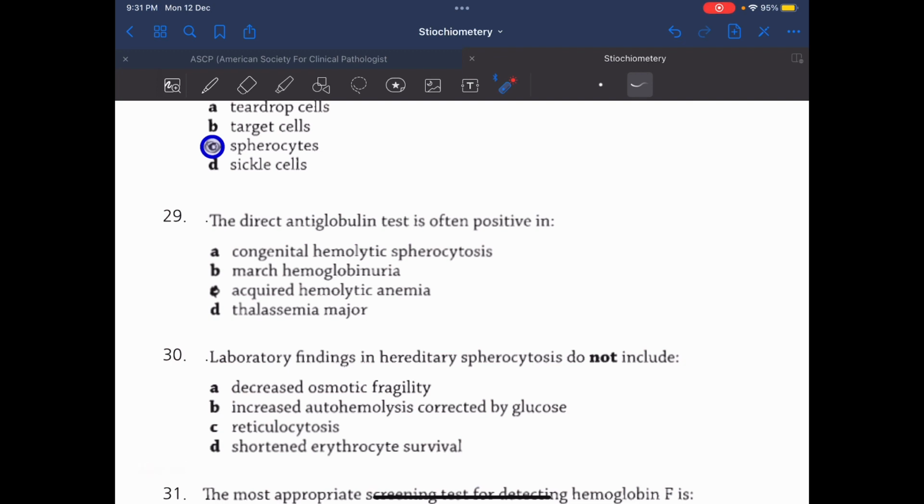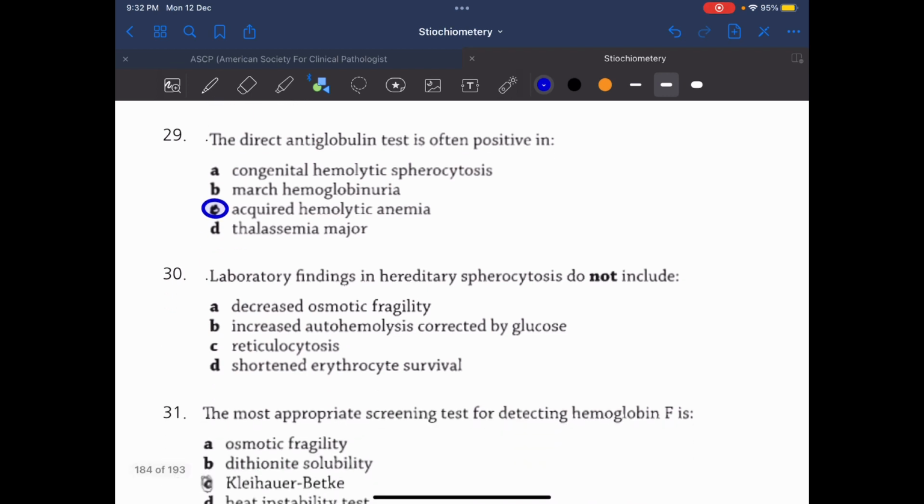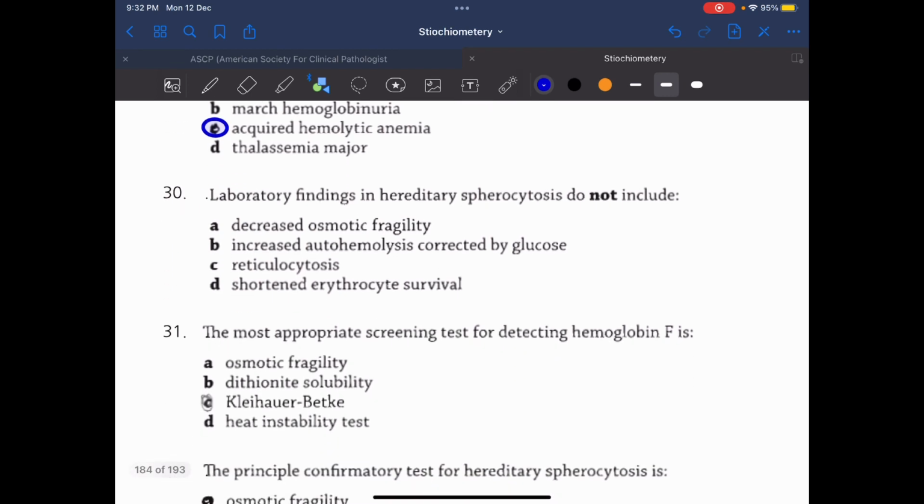Question 29. The direct antiglobulin test is often positive in congenital hemolytic spherocytosis, paroxysmal nocturnal hemoglobinuria, acquired hemolytic anemia, or thalassemia major. The correct answer is acquired hemolytic anemia. Question 30.